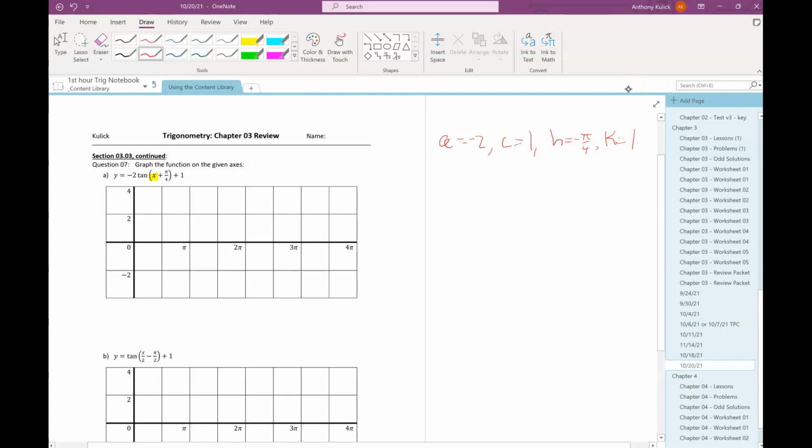Are you happy with that? Okay. Then I'm going to write my transformation map. So that's Cx plus H, and then Ay plus K. And then I'm going to look up my key points for tangent.